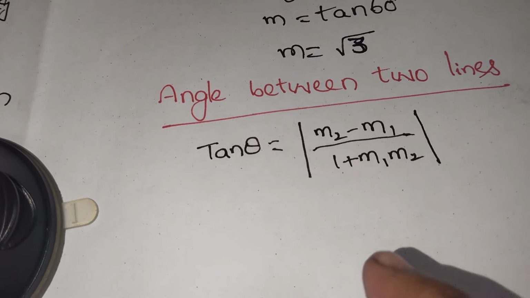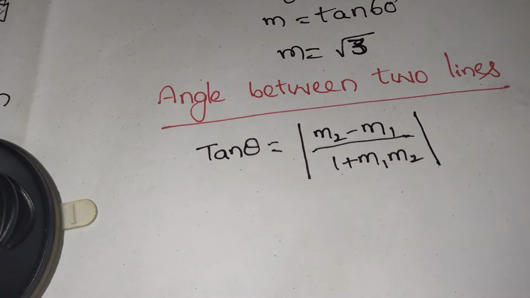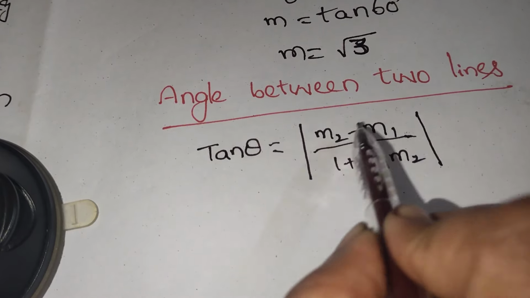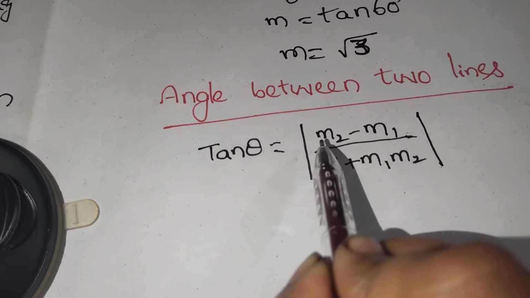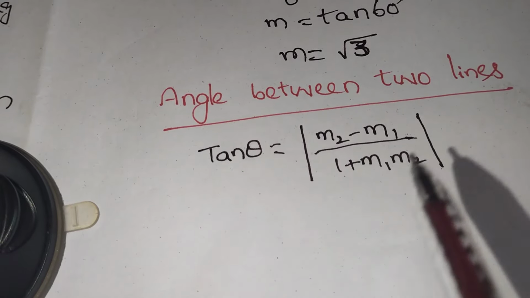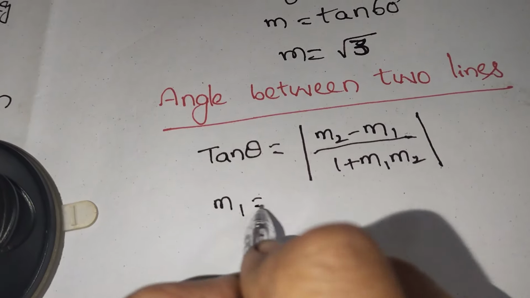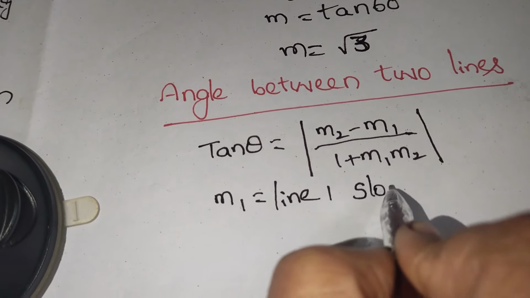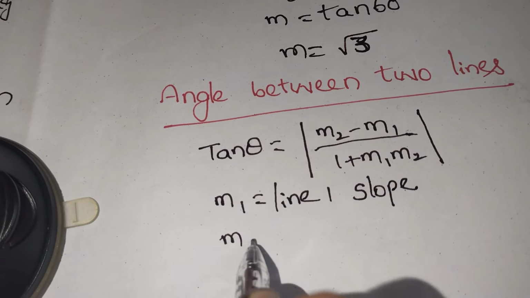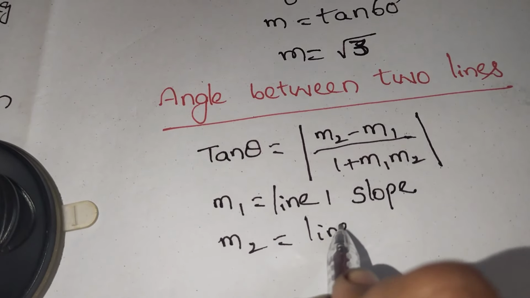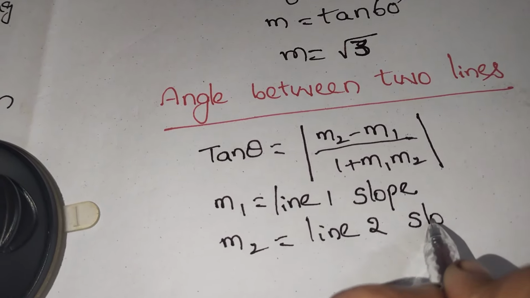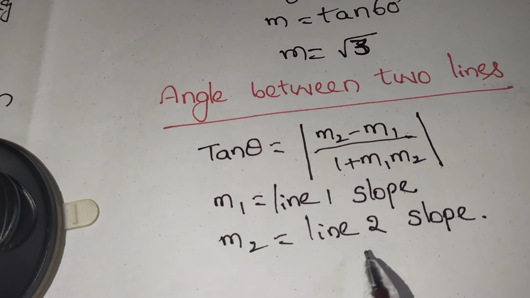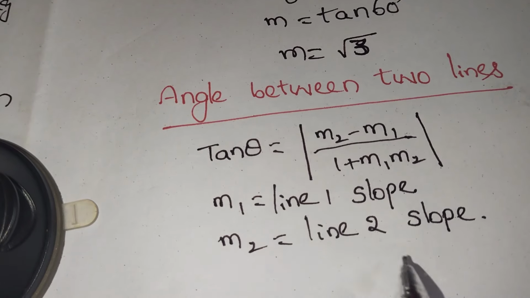So this is the formula for finding the angle between two lines. Here m1 denotes the slope of line 1, and m2 denotes the slope of line 2. So after finding the slopes of line 1 and line 2, we find the angle between the two lines.